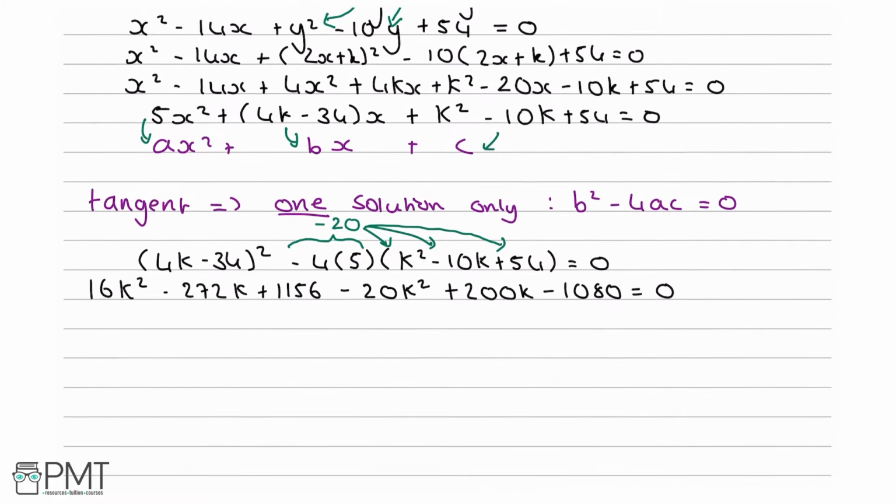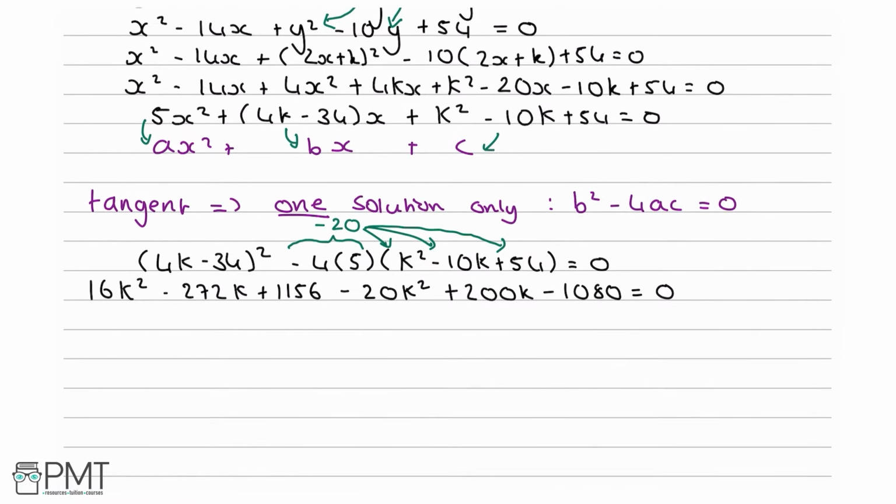So then the next step from here is just to combine some stuff. We have 16k squared minus 20k squared, and what that becomes is minus 4k squared. Then we have minus 272k plus 200k, which is going to be minus 72k. And then we have 1156 minus 1080, and let me just check on my calculator.